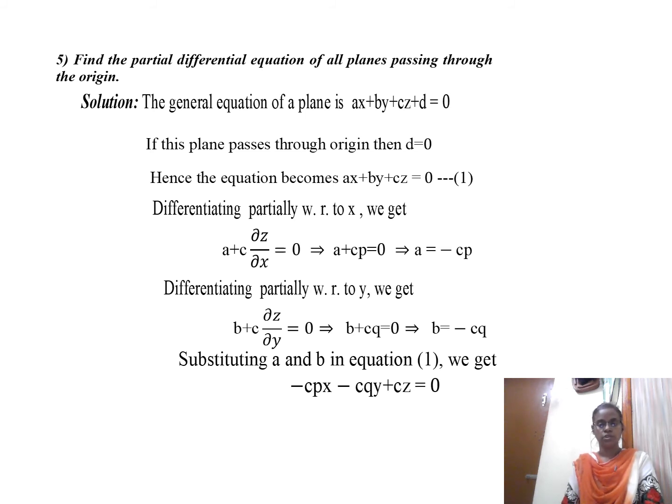So look at this equation. C is common, so we can take C out common, and on the right side, 0 by C is going to be 0, and the equation simply becomes z equal to px plus qy. Look at this equation, it does not have the constants, so we have removed all the arbitrary constants, and it is a partial differential equation because it has the partial derivatives p and q.